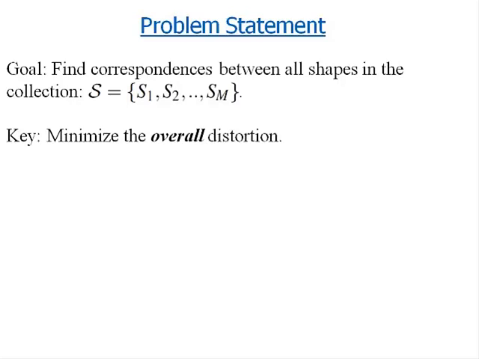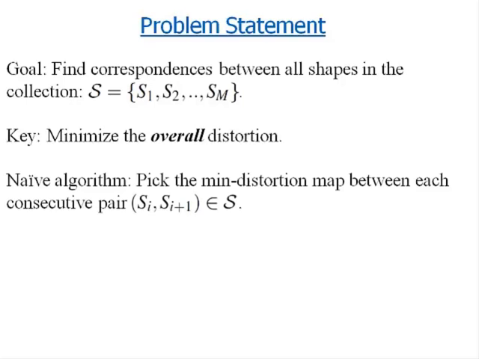The key idea is minimization of the overall distortion, and the word overall needs special attention here, and I give it with a simple example. So consider this very simple algorithm to solve the multiple shape correspondence problem.